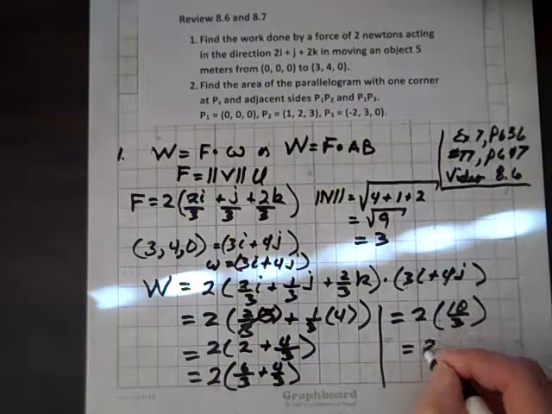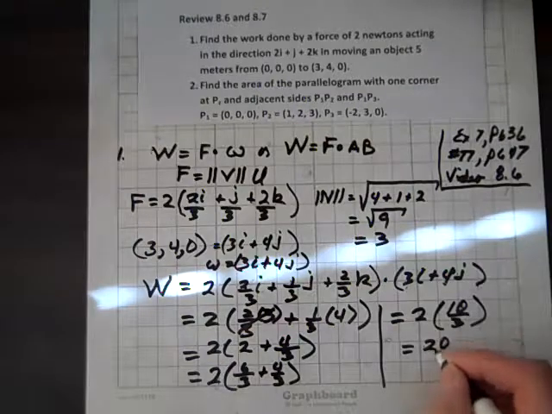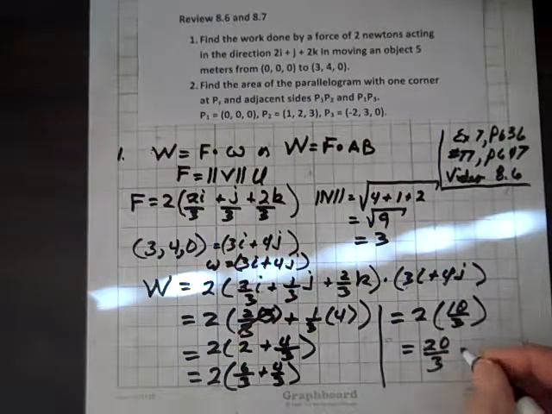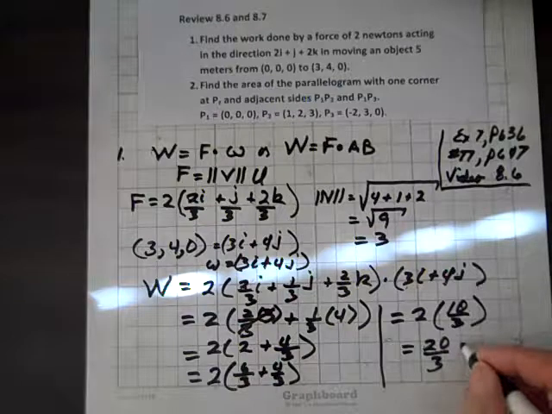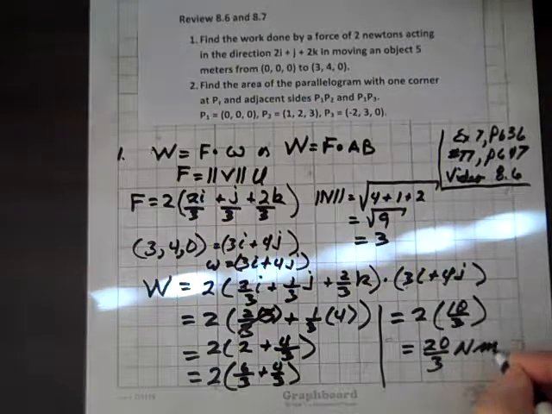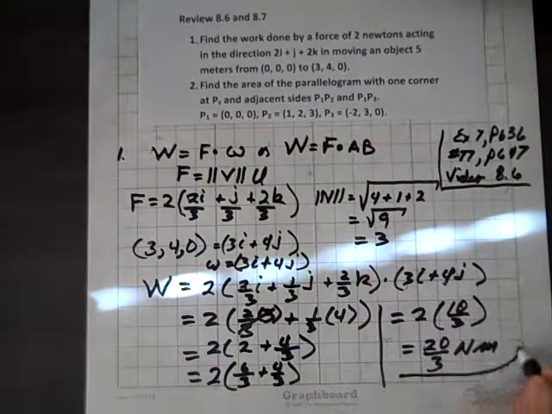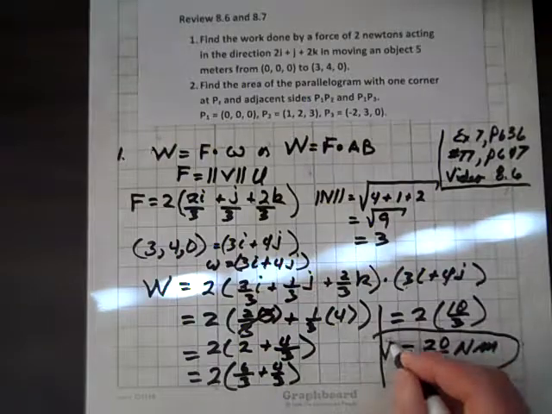So the product of 10/3 and 2 is 20/3, and the units are Newton meters. And we're done. By the way, that is the work.